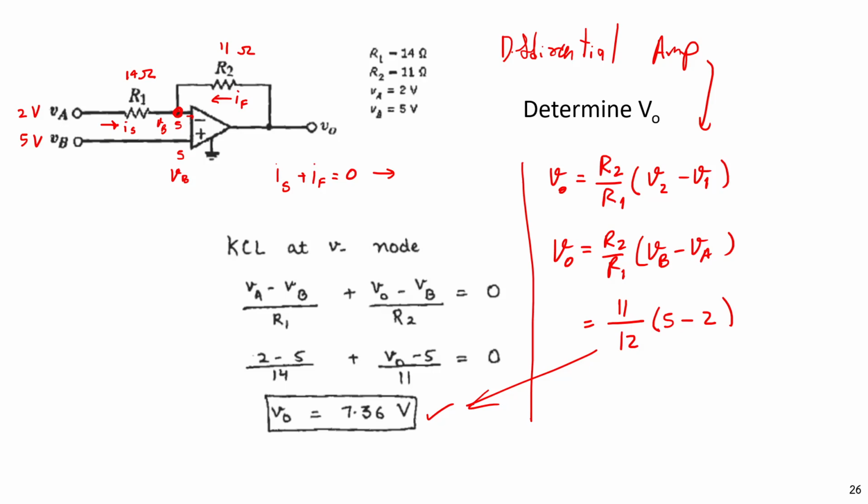14. Oh no, this is 14, right? Not the same. Check it again. Eleven by 14. How much do we get? 2.36. 2.36.